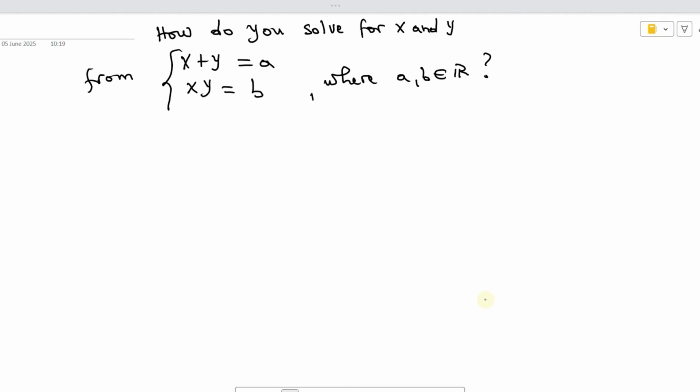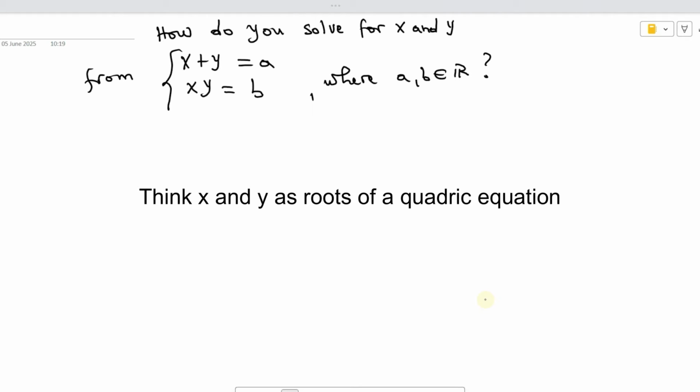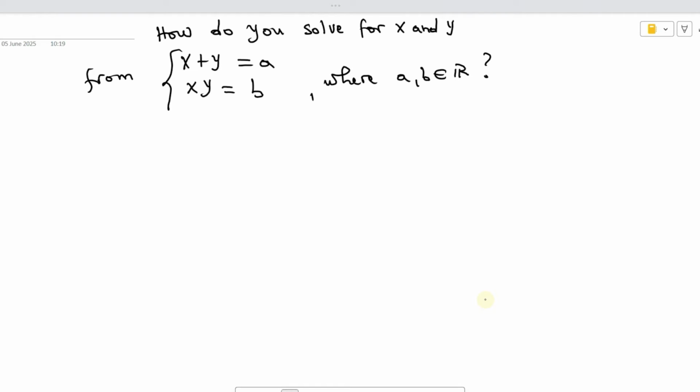Always, when you see a system of equations of this form, think of x and y as the roots of a quadratic equation. That quadratic equation will be of the form t squared minus (x plus y) times t, plus x times y equals 0.